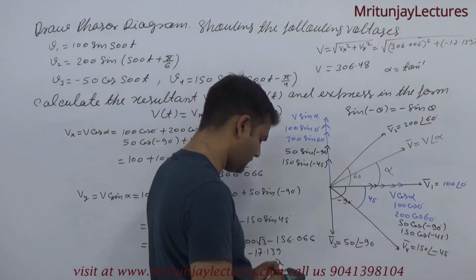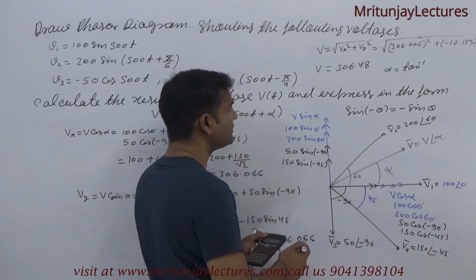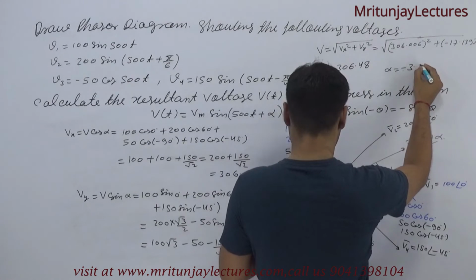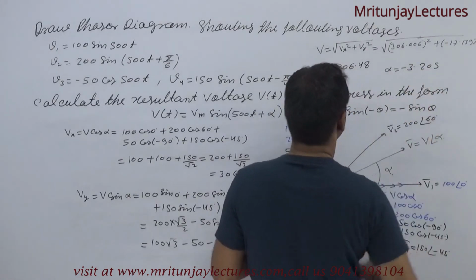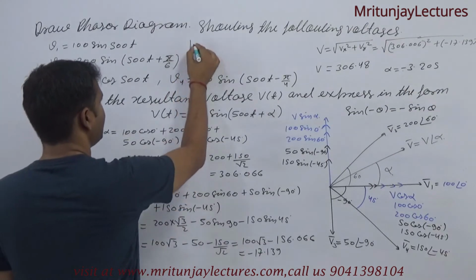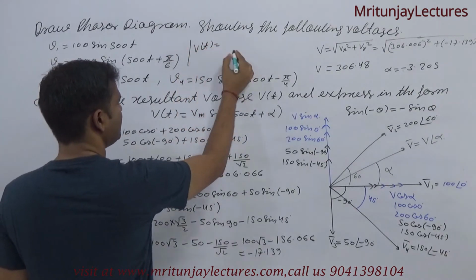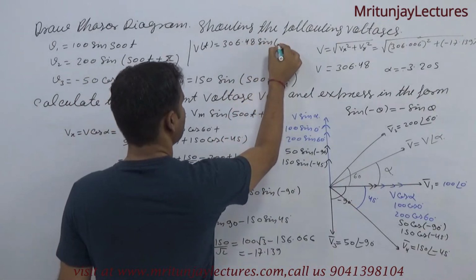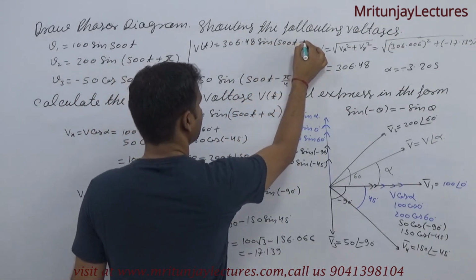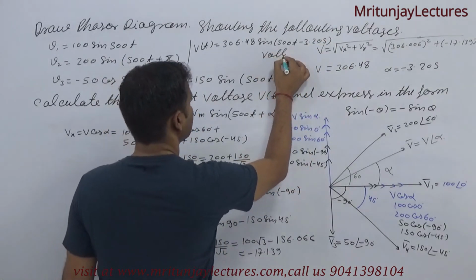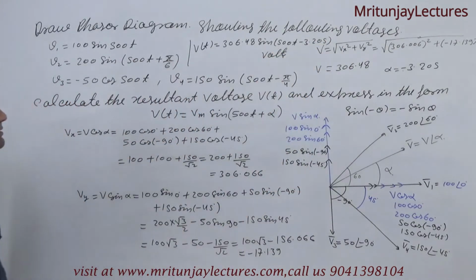So shift tan inverse, we got the final answer, minus 3.205. So the final v(t) is written as 306.48 sin of 500t minus 3.205 volt. Okay, this is the final answer.